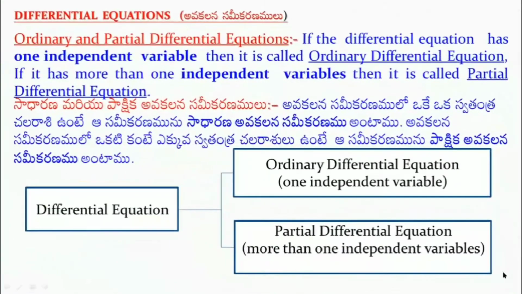Now we go to types of the differential equations. Suppose the differential equation has only one independent variable, then it is called an ordinary differential equation. If the equation has more than one independent variable, then it is called a partial differential equation.